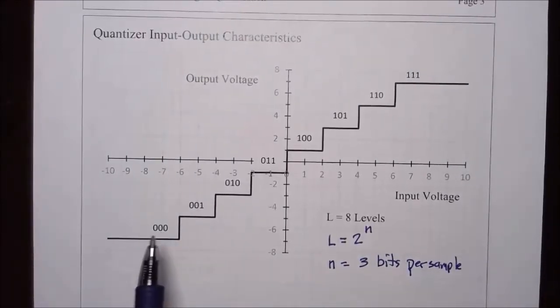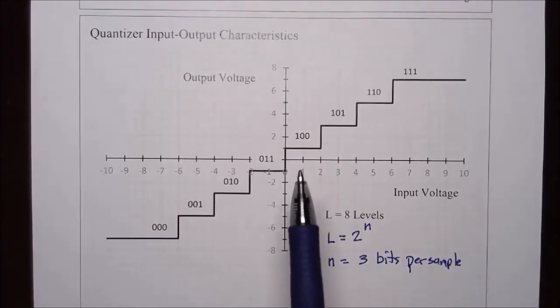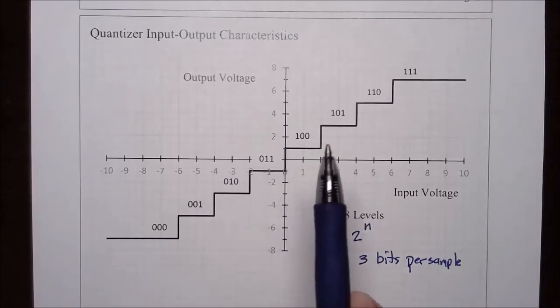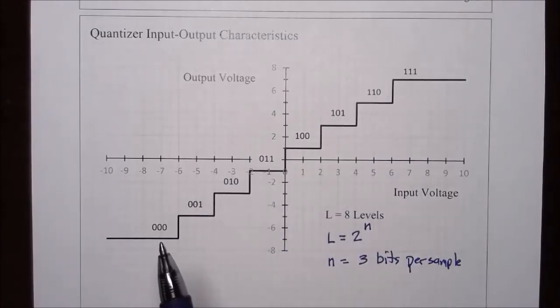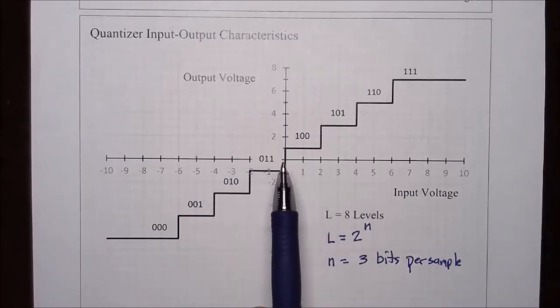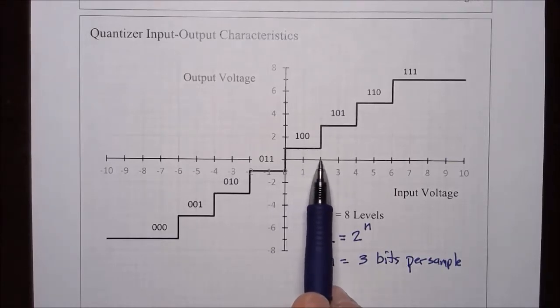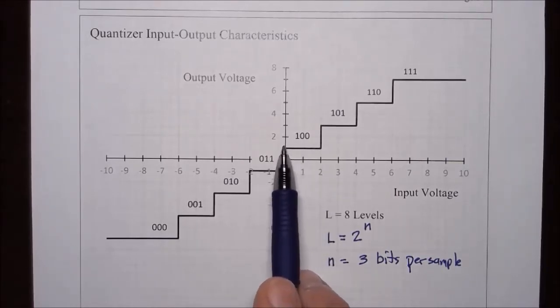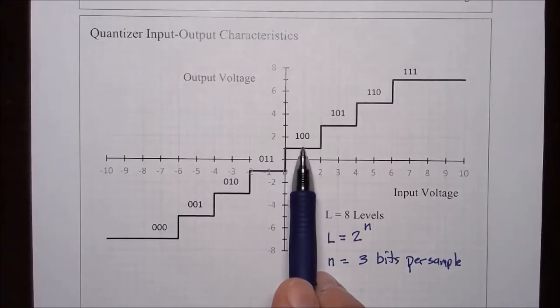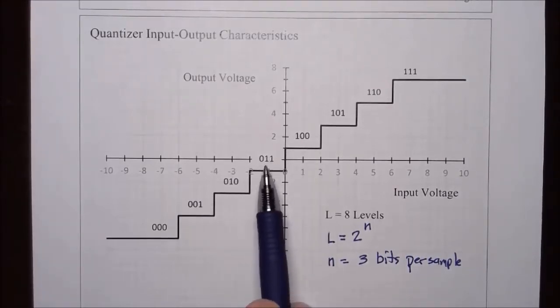And we've indicated the 3-bit words that will be used to designate each of the voltage levels or signal levels. So, for example, if the input signal lies between 0 and 2 volts, that is rounded off to the nearest standard value of 1, and that is identified with the 3-bit binary word 100.